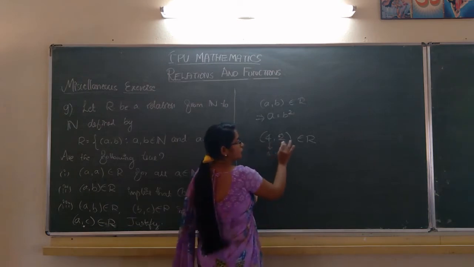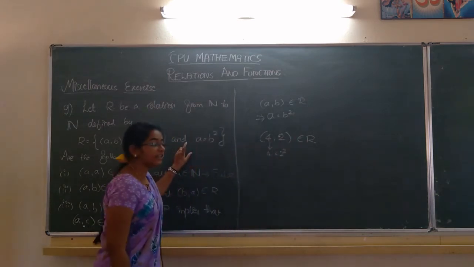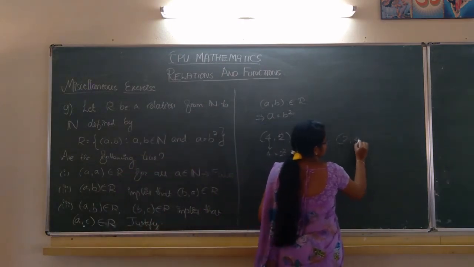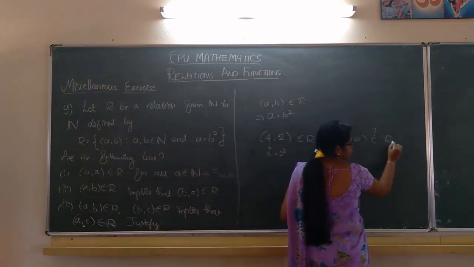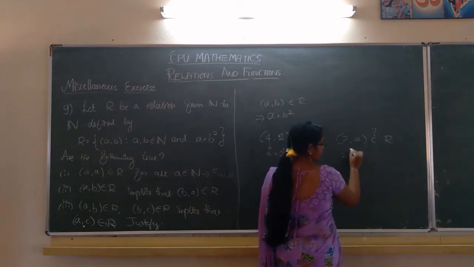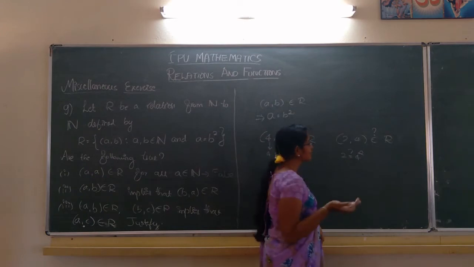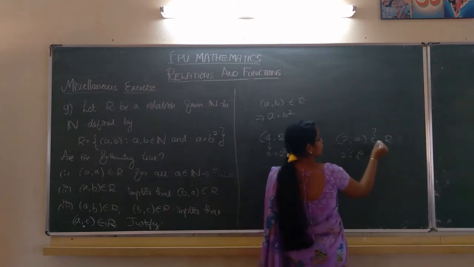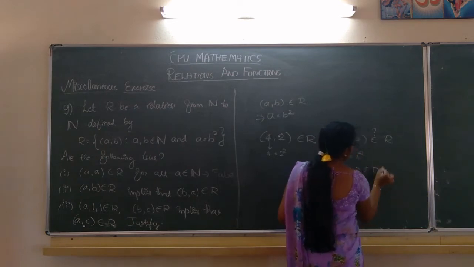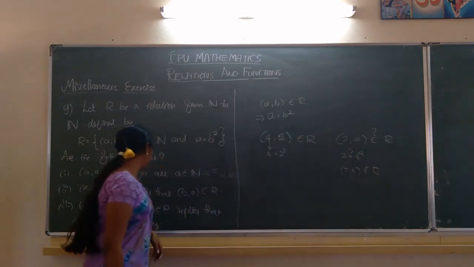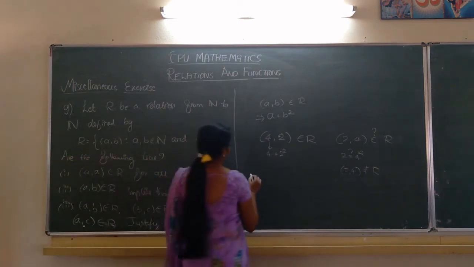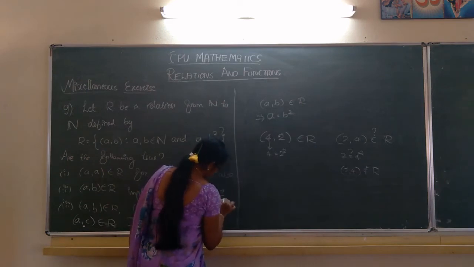So, 4 comma 2 belongs to the relation, by the definition. Now, whether 2 comma 4 belongs to the relation? Whether 2 is equal to 4 square? 4 square is 16, which is not equal to 2. So, 2 comma 4 does not belong to R, and therefore this statement is not true. The second one is also false.